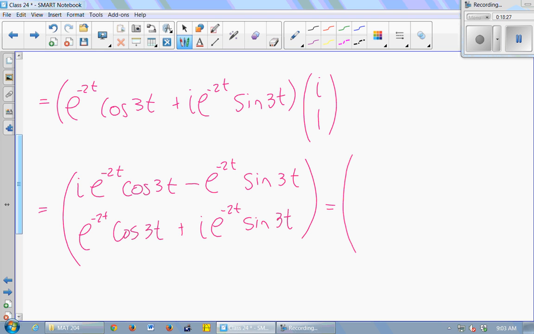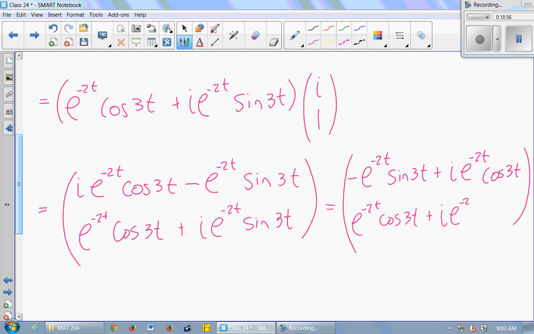So this is going to equal -e to the -2t sine 3t plus i e to the -2t cosine 3t. So for this first component of my vector, I just switched the order of the addition. And the bottom one, I'm going to keep exactly the same: e to the -2t cosine 3t plus i e to the -2t sine 3t.